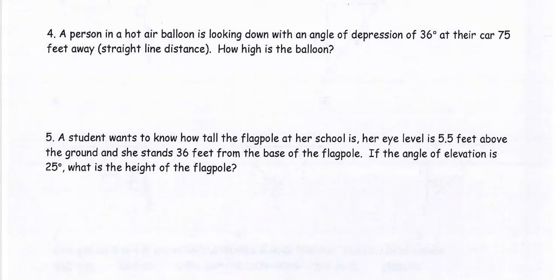All right. So a person in a hot air balloon is looking down with an angle of depression of 36 degrees at their car 75 feet away, straight line distance. How high is the balloon?